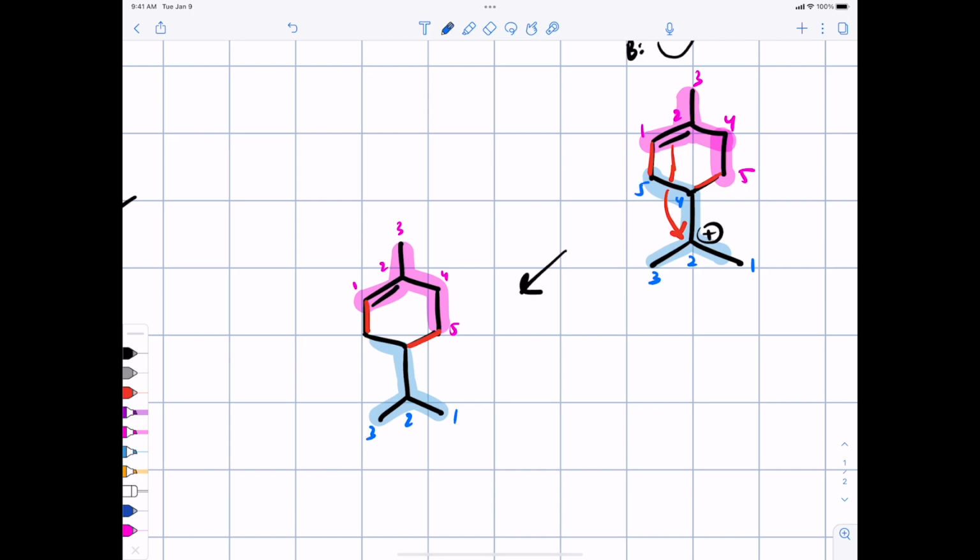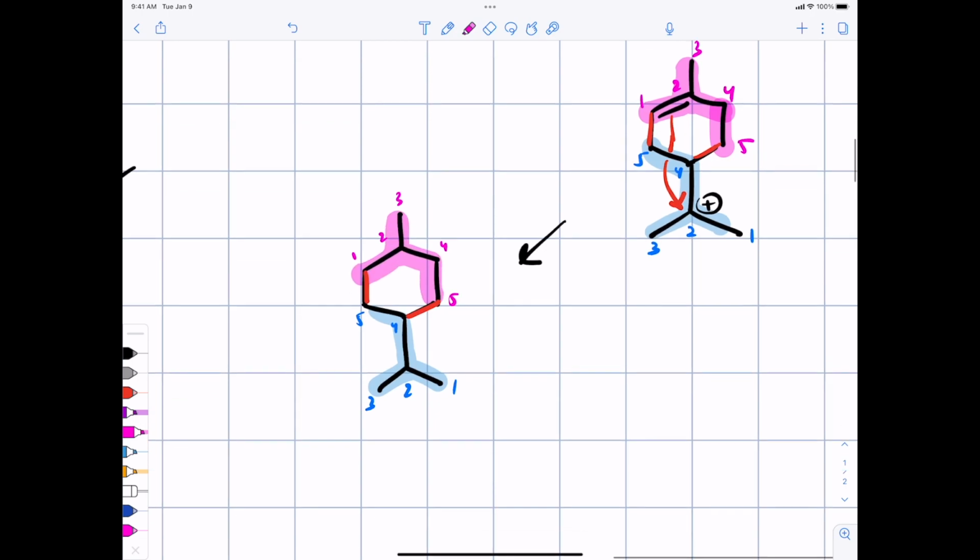Now instead of a pi bond between 1 and 2, I've now made a new bond between pink 1 and blue 2. I'm going to try to indicate that. Not doing a particularly good job.